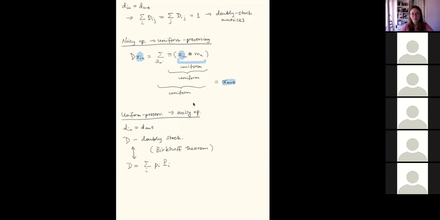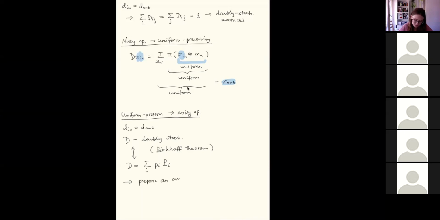Now our aim is just to construct such an ancilla and such a permutation that somehow the action of our matrix would correspond to one big permutation on the system and ancilla. And the idea of how to construct this is the following. Actually, the same idea will come up when you consider a similar proof for quantum noisy operations.